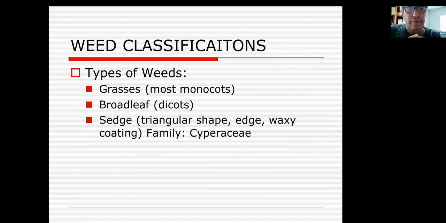They're in the family Cyperaceae. They have a very waxy coating. They are difficult to kill sometimes. And so we use different chemicals, different herbicides to control some of these. Because let's say you have a hedge and you keep getting Bermuda grass growing into a hedge.